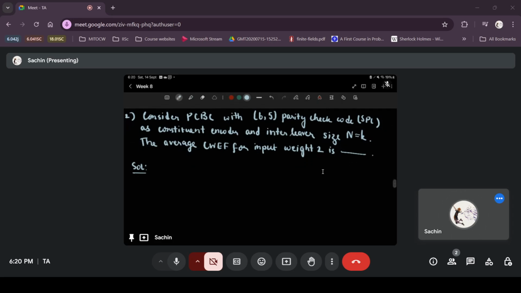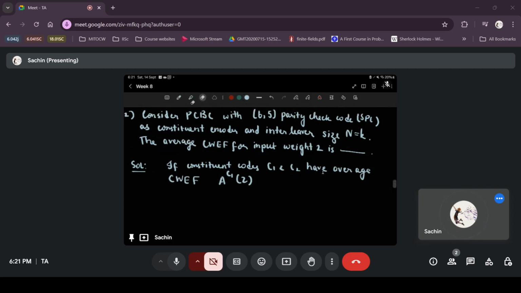the average CWEF of the PCBC with two systematic (n,k) constituent codes C1 and C2, if constituent codes C1 and C2 have average CWEF, conditional weight enumerating function, as A_w^C1(Z), usually we use small w here, and A_w^C2(Z).